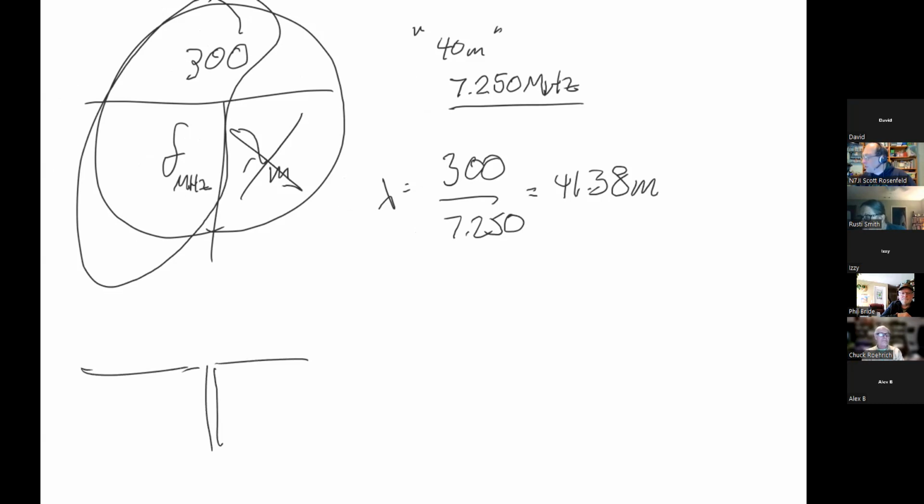How many waves? Half wave. Okay, so a half wave is now half of that, and I get 20.69 meters. Okay, so that would be a full half wave.